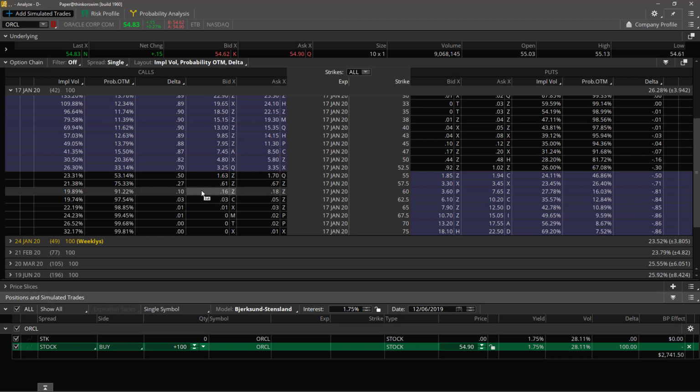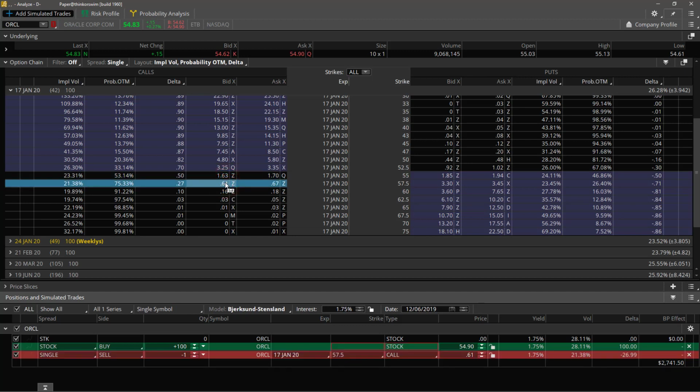And let's do a delta of about 25%, 27 delta, and sell that call against it. We're going to get between 61 and 67 cents. Let's say we ask for and get 64 cents per share for that.